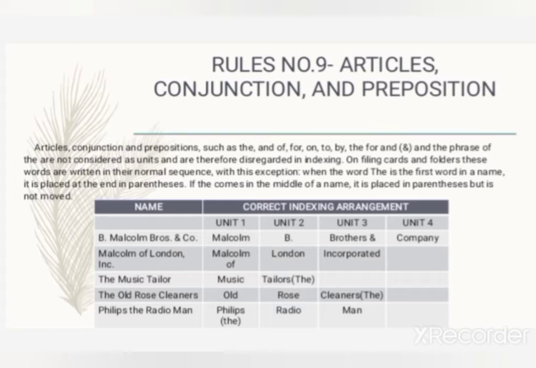On filing cards and folders, the words are written in normal sequence, but when such a word is at the first of a name, it is placed at the end in parentheses, but if it comes up in the middle, it is not moved but is still in parentheses.